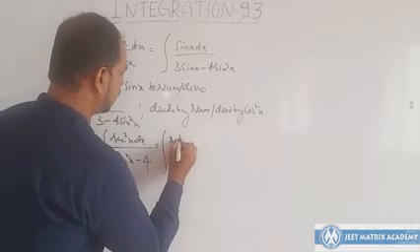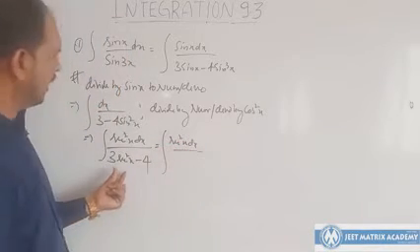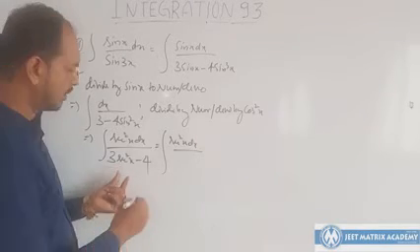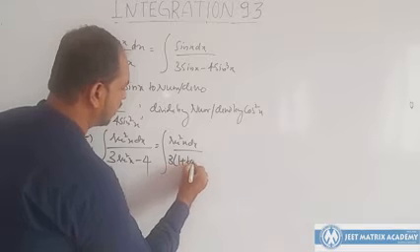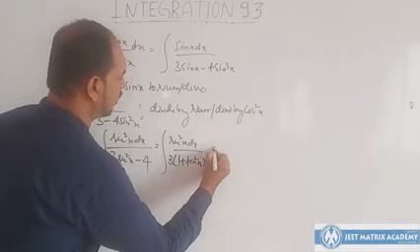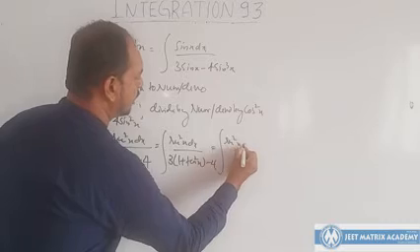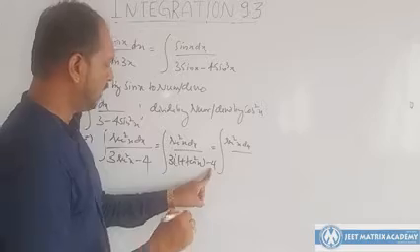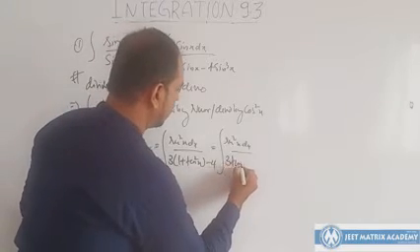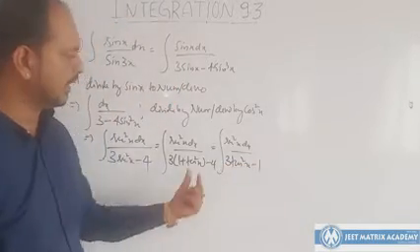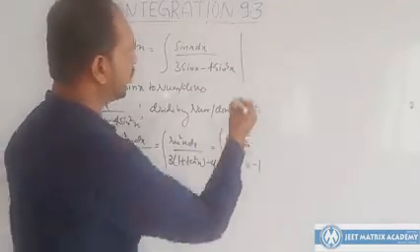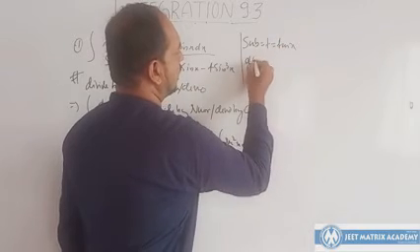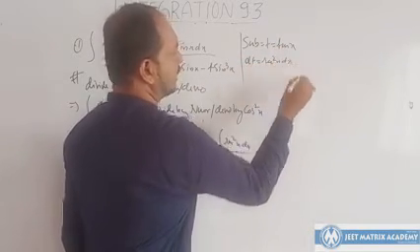So it will be sec square x dx divided by 3 into 1 plus tan square x minus 4, that is 3 plus 3 tan square x minus 4, that is 3 tan square x minus 1.